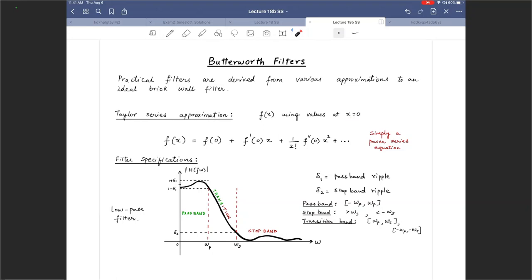How can I do that? I can do that by simply writing f of x equals f of 0, evaluate the function at 0, plus the first derivative of f with respect to x evaluated at 0 times x, plus 1 over 2 factorial and so on. So this is simply a power series equation, right?